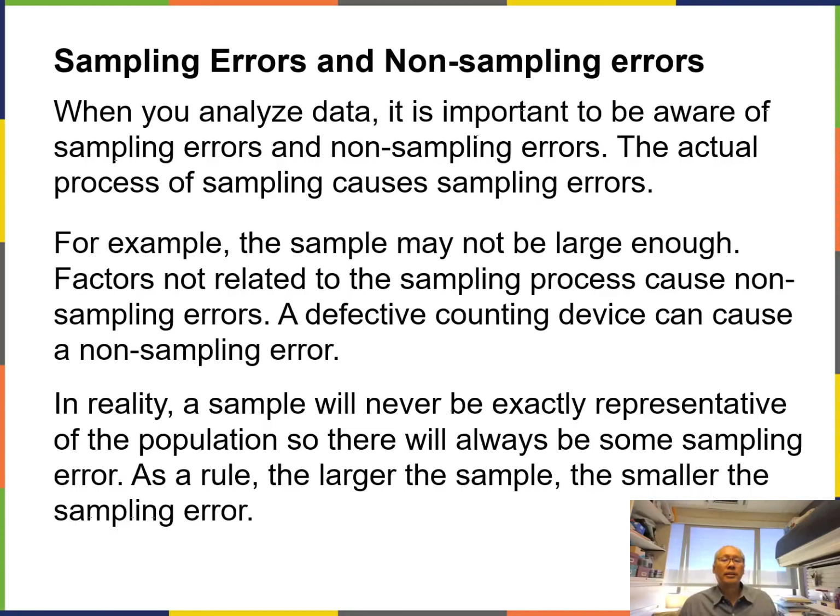Factors not related to the sampling process can cause non-sampling errors. A defective counting device can cause non-sampling errors. So in reality, a sample is never going to be exactly representative of the whole population. So there's always going to be some sort of sampling error, and those are the biases that you need to report when you're doing your study.